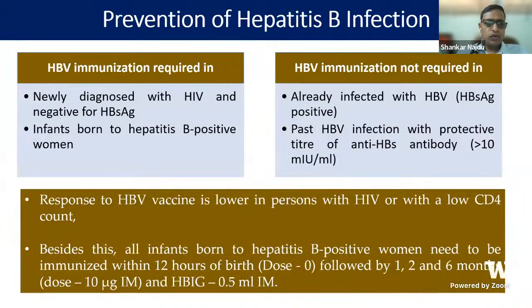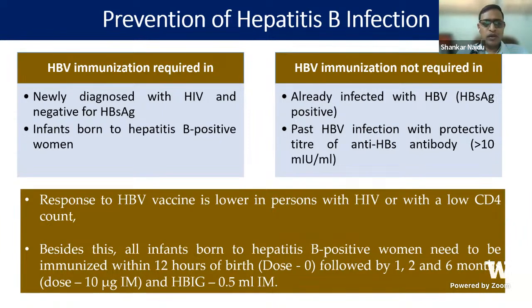So the next step would be about prevention of hepatitis B infection among patients who are not already infected with hepatitis B. So all patients who are testing negative for hepatitis B surface antigen and are newly diagnosed with HIV should be immunized with hepatitis B vaccination. And all infants who are born to hepatitis B positive women should be immunized with hepatitis B vaccine.